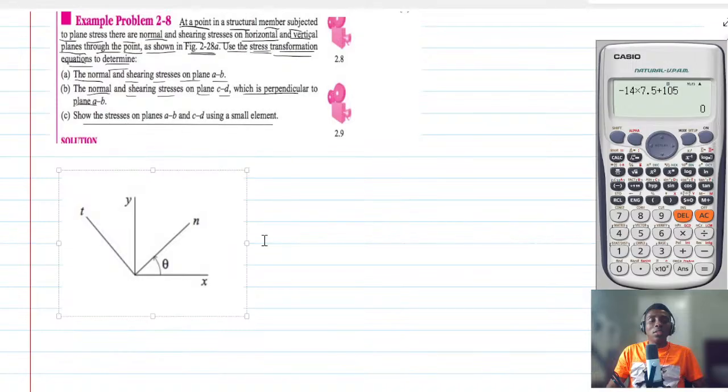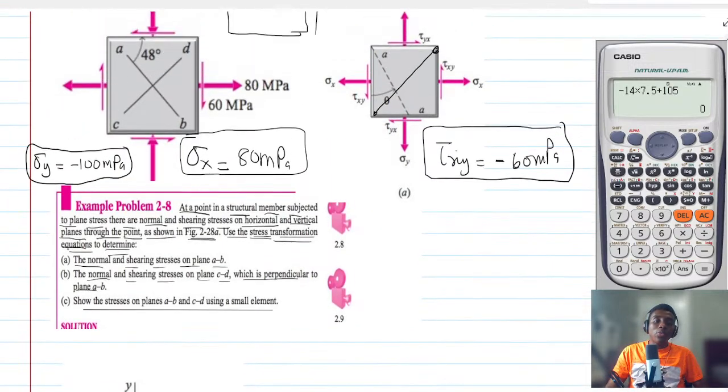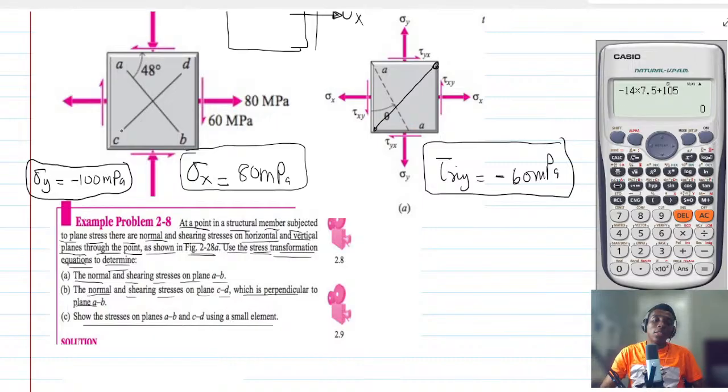So what this means is that along this axis is positive. Sorry, normal. So this is the normal axis, and this is the tangential, and this is the y-axis. When we say the normal, we are trying to talk about this line here. It is always normal.